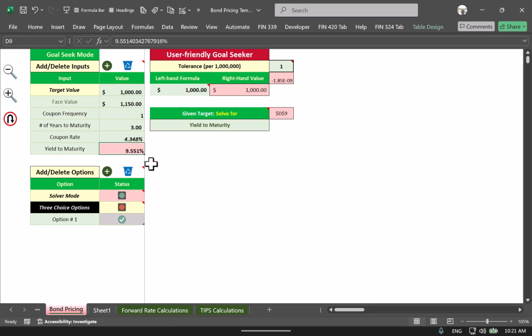So why didn't we get the same number? Yeah, it's $50.